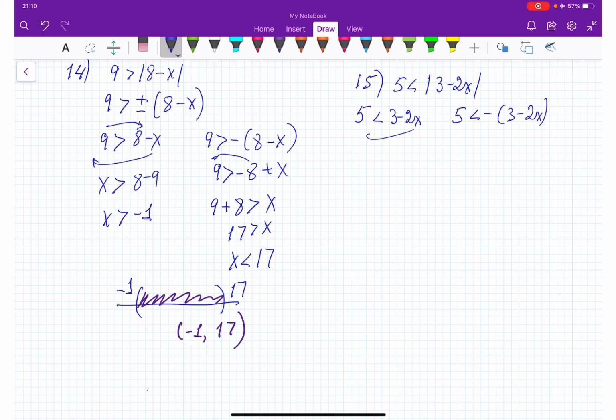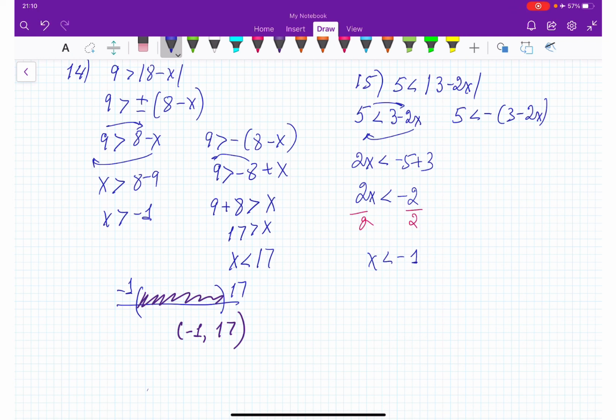Okay, moving negative 2x on this side will be positive 2x, less than. Moving 5 on this side, it's going to be negative 5 plus 3. And we get 2x is less than -2, right? We divide by 2 here, 2 here, and we get x is less than -1.